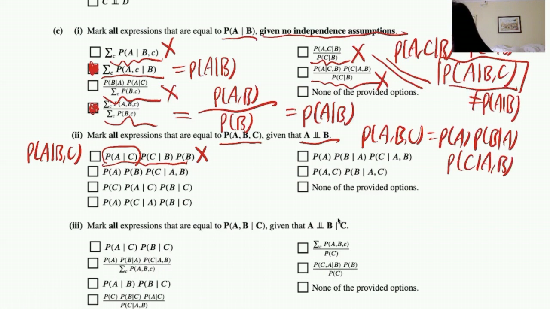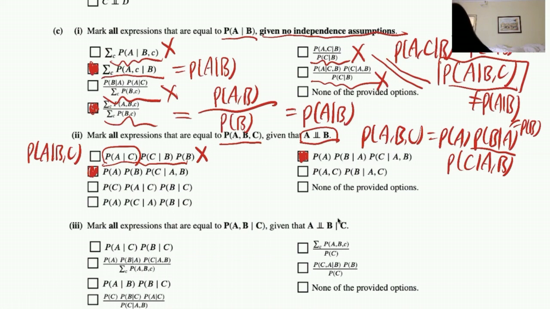According to the chain rule, this is exactly the same as the second term, so this is correct without any additional independence assumptions. Then because A is independent of B, the probability of B given A is the same as the probability of B. So this means that the third choice is also correct.